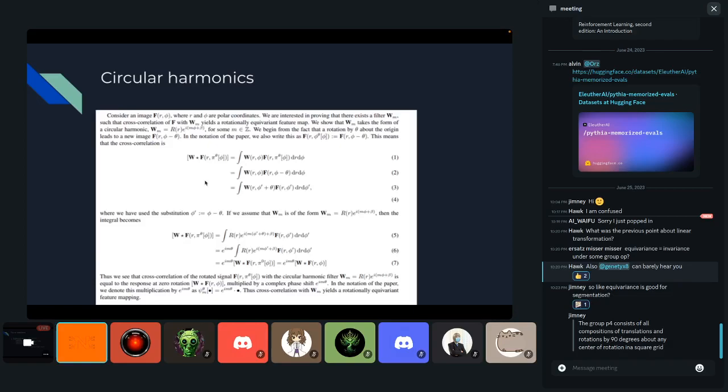And here's a quick proof of this. Write down the circular harmonic as a decomposition into some radius and circular harmonic itself. And then they pull out the factor corresponding to our rotation. And yeah, it's pretty trivial.